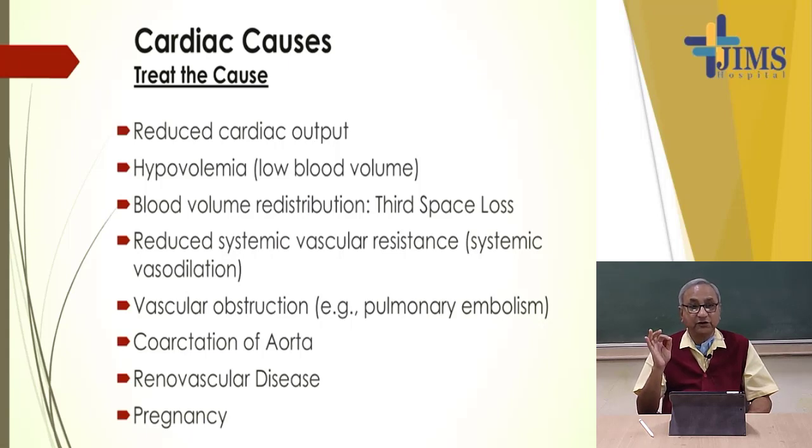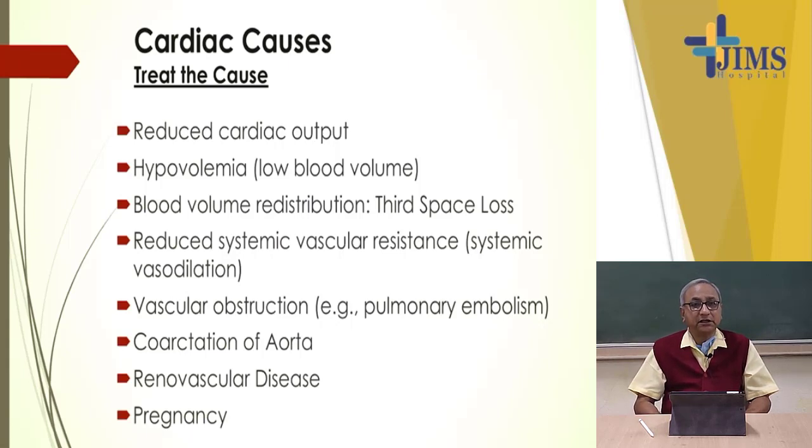Reduced systemic vascular resistance. There can be a number of causes of reduced systemic vascular resistance. Vascular obstruction, as we had already spoken about in pulmonary embolism. Coarctation of aorta, where the aorta is constricted and the blood cannot pass through the aorta to the periphery.